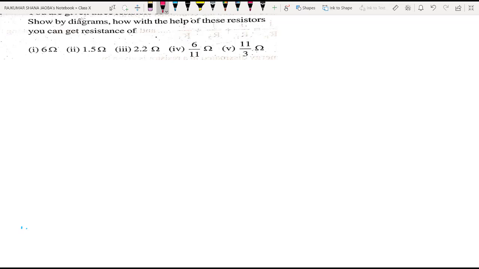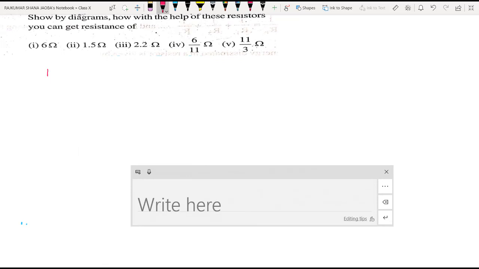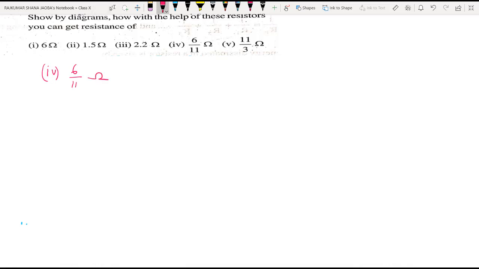Then next is 6 by 11 ohms. So R1 is 1 ohm, R2 is 2 ohms, R3 is 3 ohms.